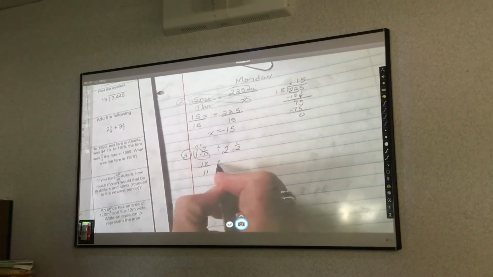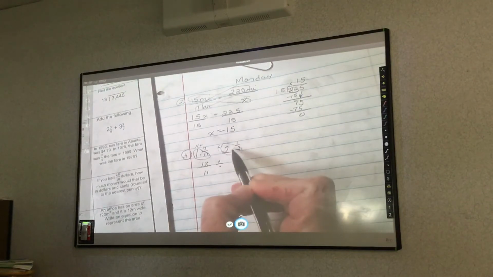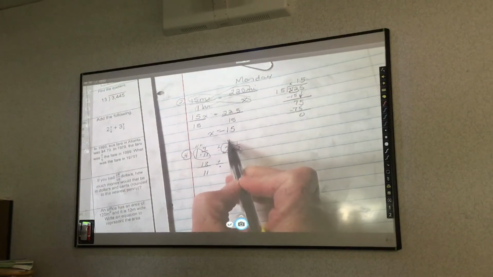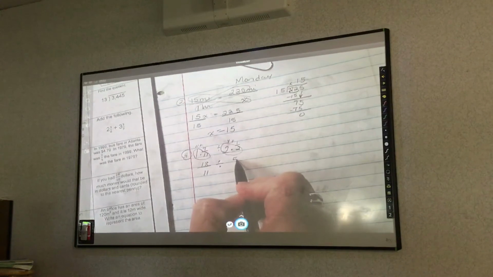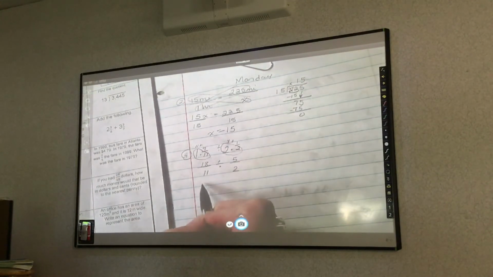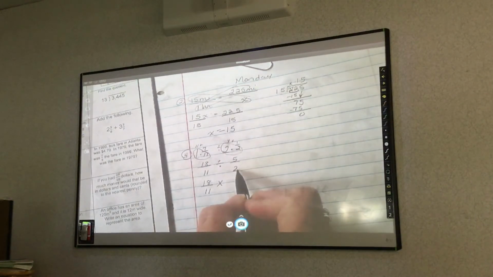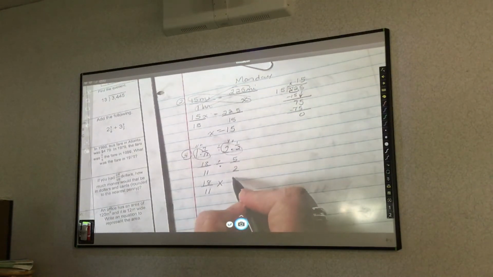I'm just going to keep rewriting it as a division until I get my improper fractions finished. So 2 times 2 is 4. 4 plus 1 is 5. So I got 5/2. Then I do the keep, change division to multiplication, and we flip, and we call that really the inverse.